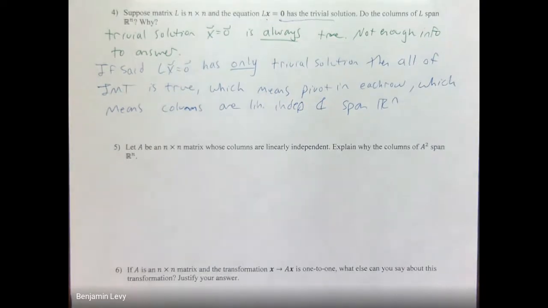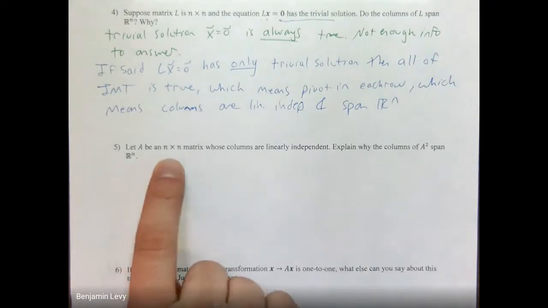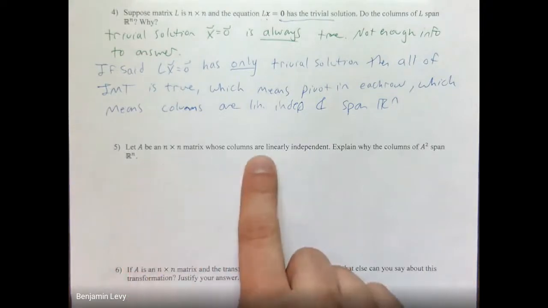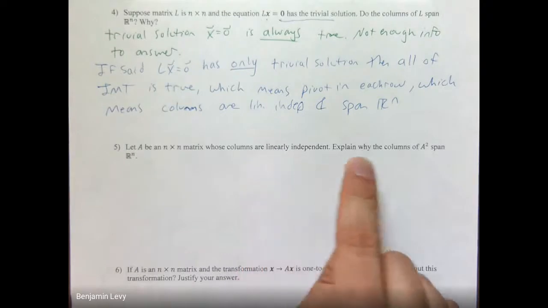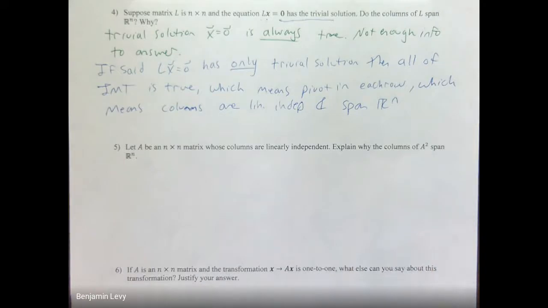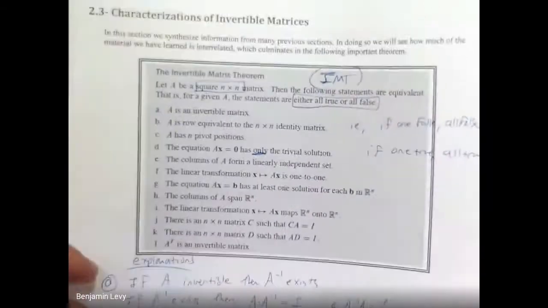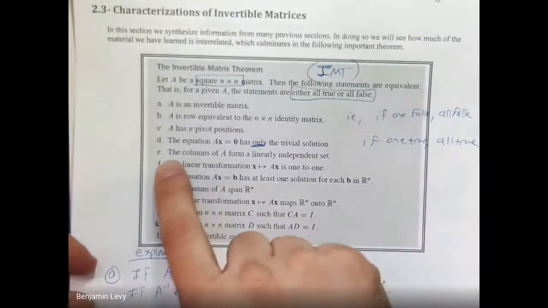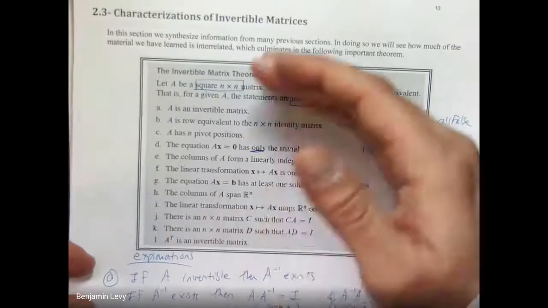Okay, let's think about the next one. Number 5 says, if we've got a square matrix whose columns are linearly independent, explain why the columns of A squared span Rn. Well, if the columns are linearly independent, then that means E is true. And if E is true, they're all true.